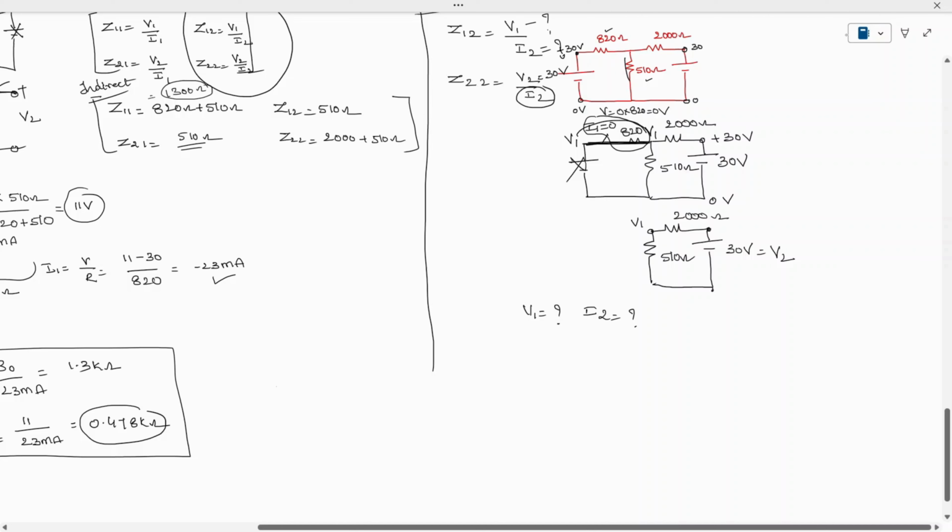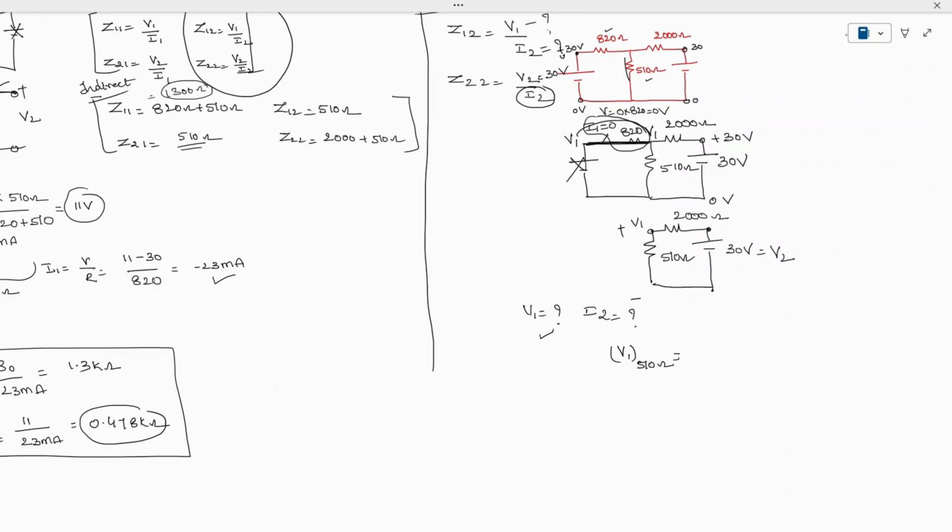See here, I have to find out V1. So how to find the voltage V1? I want the voltage across 510. So voltage V1 across the 510 ohm is equal to the total voltage we are applying, 30 volts, into the resistor across which we require the voltage, 510, divided by the sum of resistors connected in series.